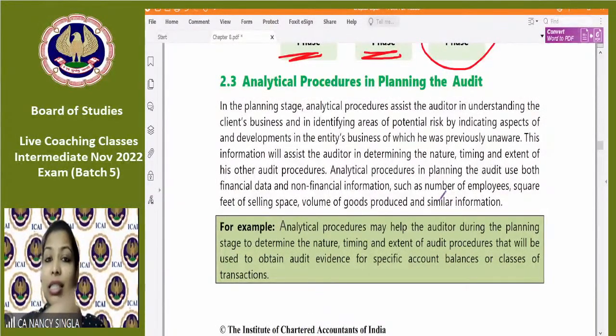So what is he doing? He's applying analytical procedures. Why? Because he wants to identify the areas of potential, likely, possible risk by indicating the developments in the business entity. Okay? And based on his assessment here, the auditor determines the nature, timing, extent of his audit procedures.